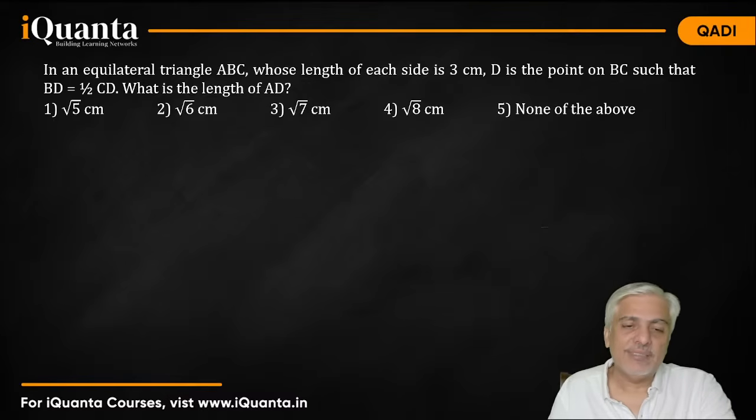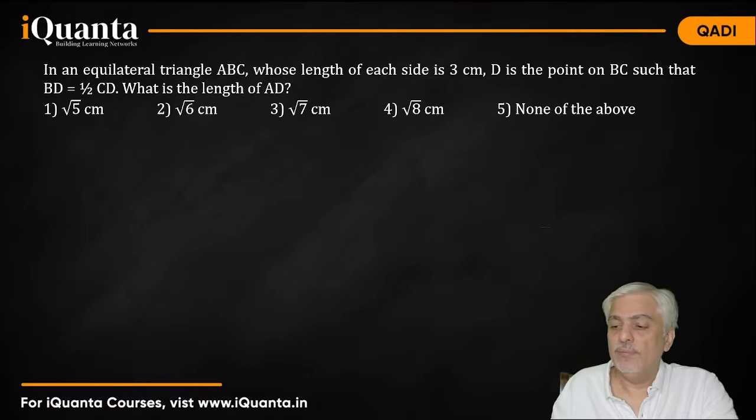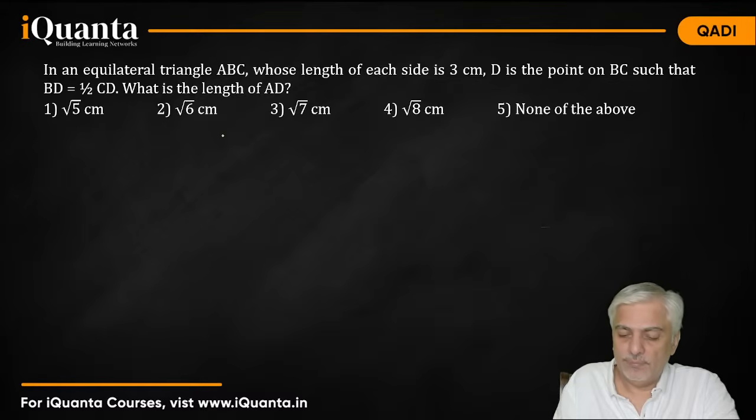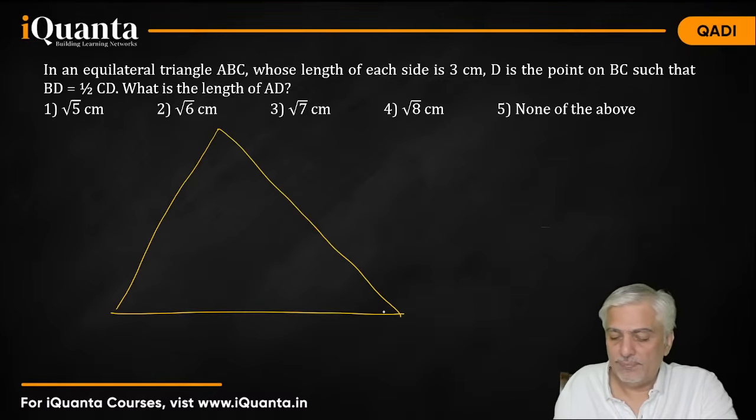An equilateral triangle. Simple question again, should not be very difficult. In an equilateral triangle ABC, D is a point on BC such that BD is half of CD.